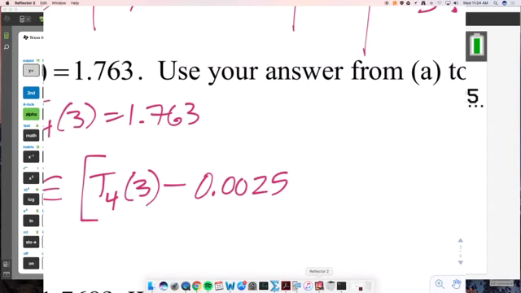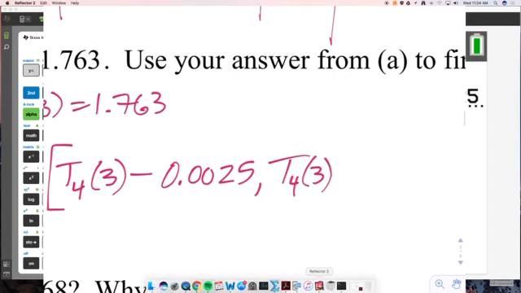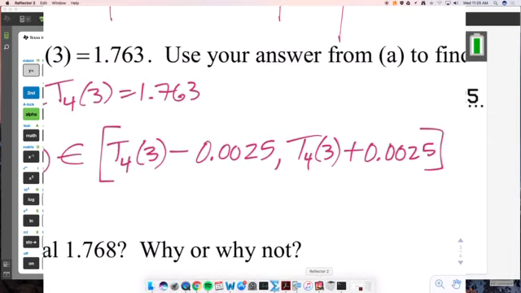That gives us a safe lower bound. And then the 4th degree polynomial approximation at 3 plus the upper bound on the error. So kind of like we did with the interval for the alternating series test. With the integral test, we didn't need to subtract anything because your terms were positive. But in general, for a polynomial, it could be alternating.